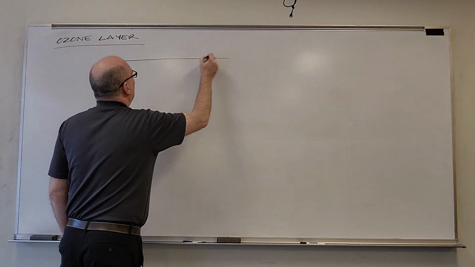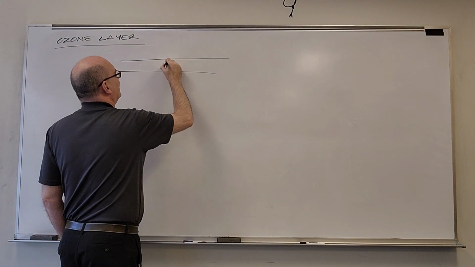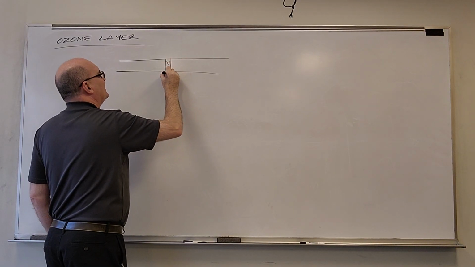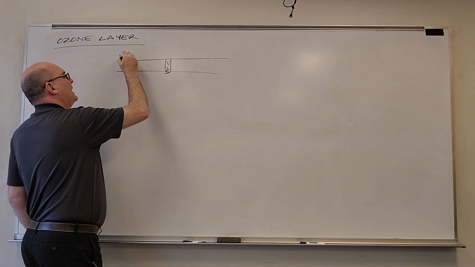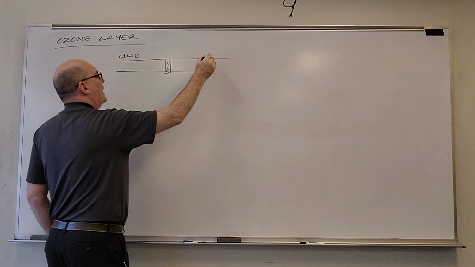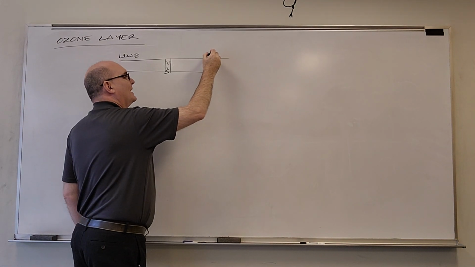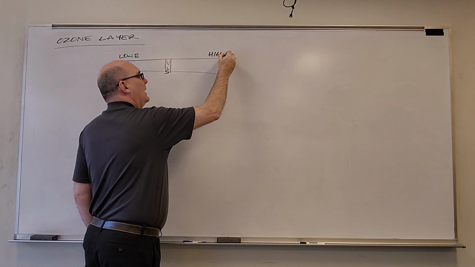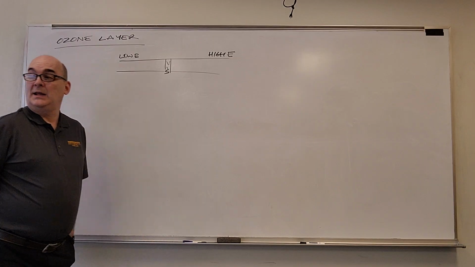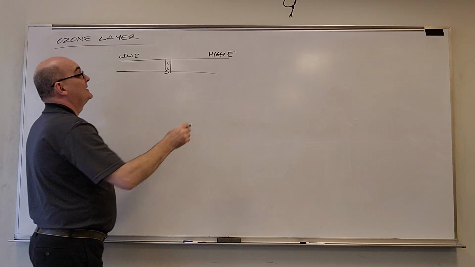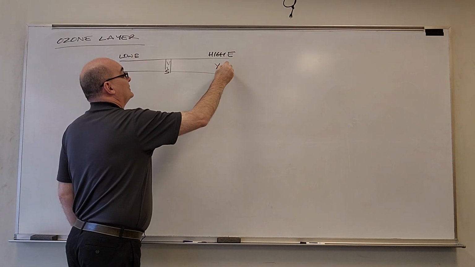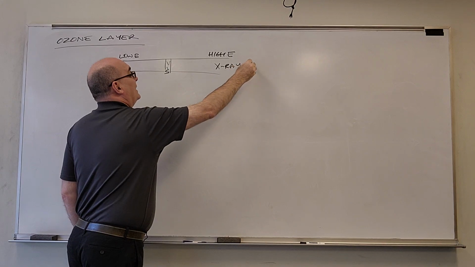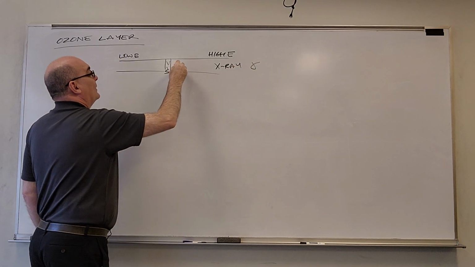I think it's already been on the board, that there's an electromagnetic spectrum, and visible is here, and I have the low energy non-ionizing radiations here, and I have the high energy ionizing radiation here, which is the X-rays and the gamma rays. And I have ultraviolet.